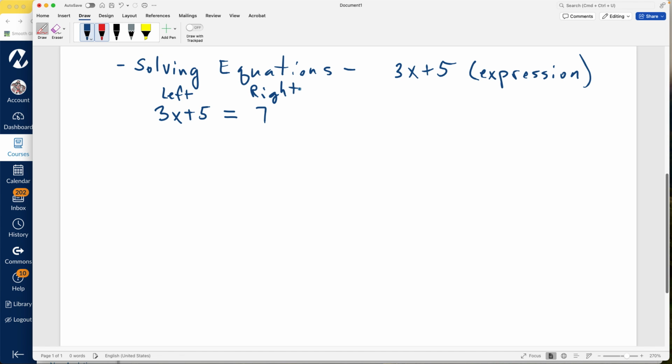There's a left side and a right side. And what does that equal sign mean? What are some other words we could use for the equal? It could be the sum of something.